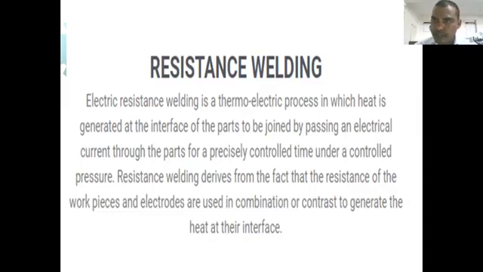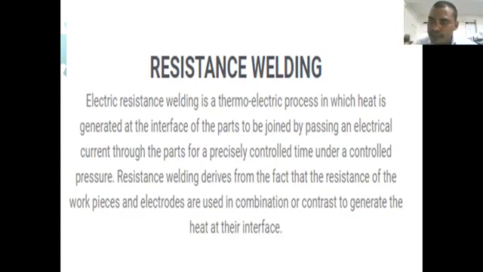To explain this definition with an example, in resistance welding a low voltage, typically 1 volt, is used and a very high current is passed through the joints.